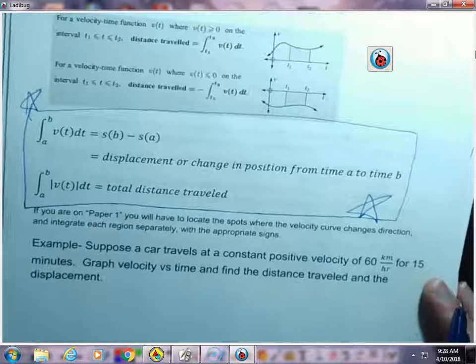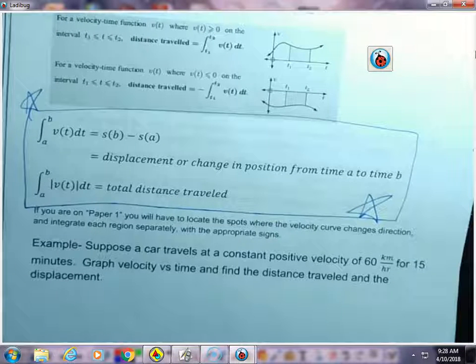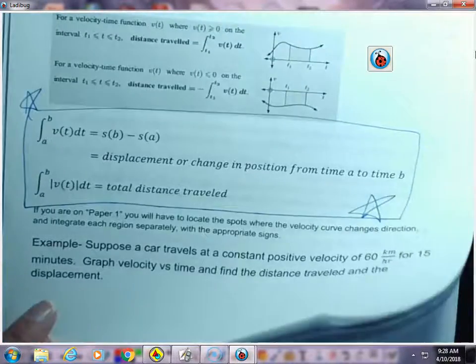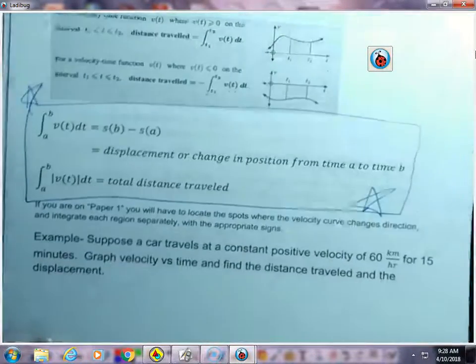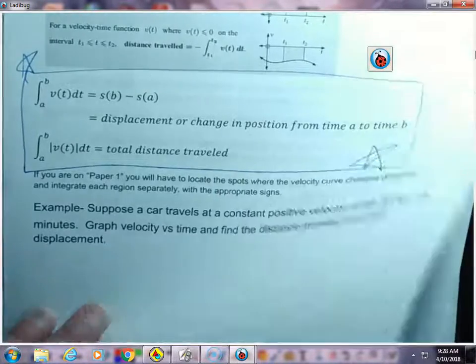Okay. So if you just integrate velocity, it's going to give you displacement. Your final position minus your initial position. If you want to find the total distance you traveled, you're going to have to integrate the absolute value of velocity. And I'm going to draw you just a little sketch before we work some problems to show you what I mean. But that's like the most important thing I'm telling you today.